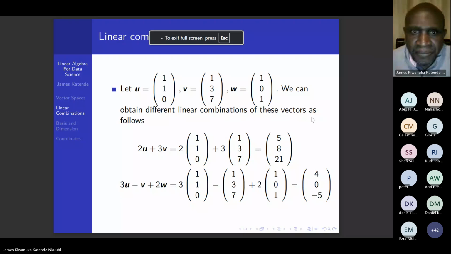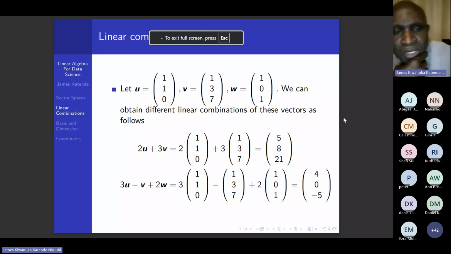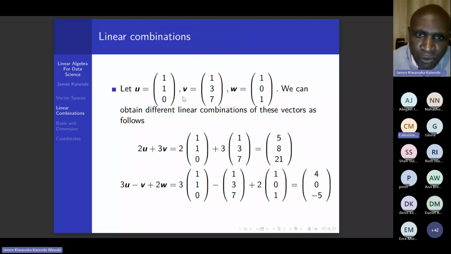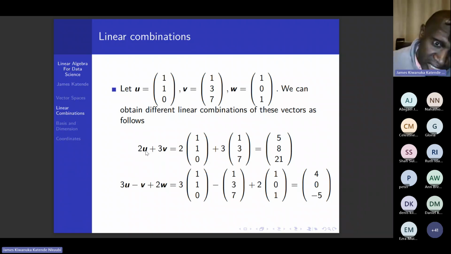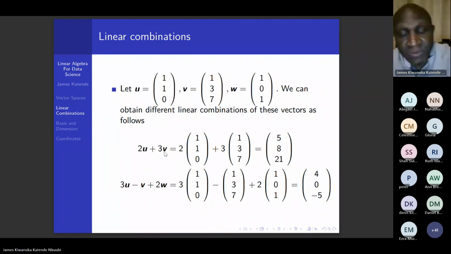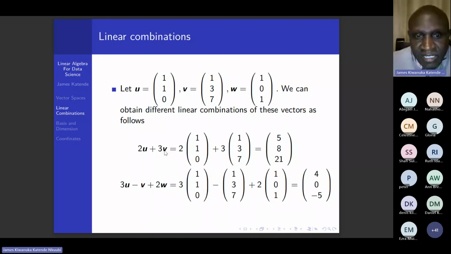Okay, so now we are talking about linear combinations. We pick some vectors in R3 and we try to get different combinations. So we get a multiple of any of the vectors added to a multiple of another vector. And this kind of operation is called a linear combination of the vectors u and v.